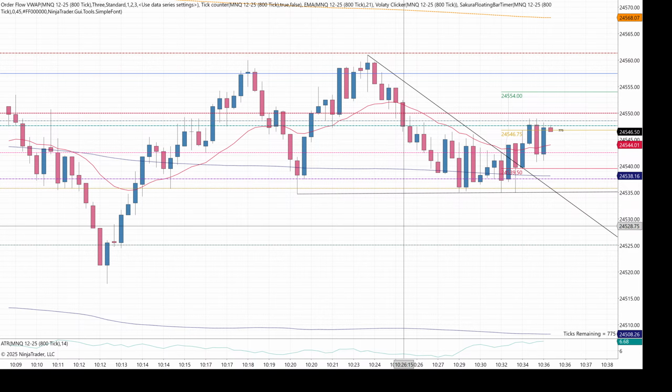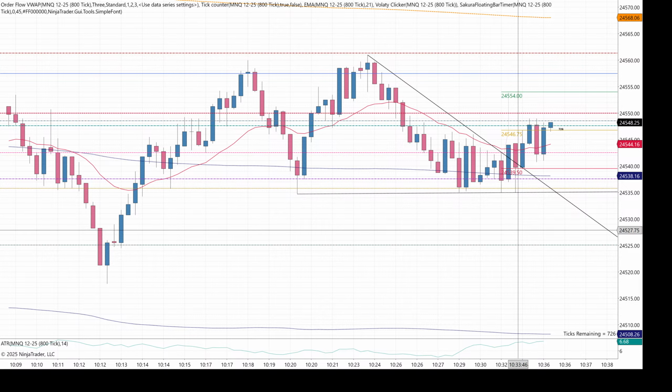Yep, 5-minute EMA is a player. That's why I try to track it on this chart. We really can't take any bullish trades until we break through the 5-minute EMA.